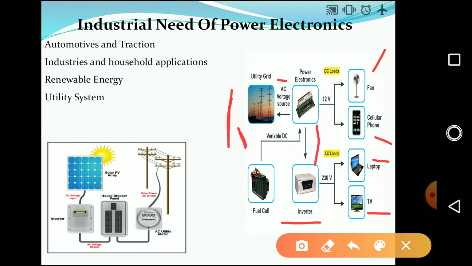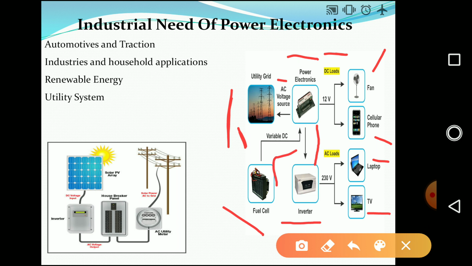And if the supply gets disconnected, we use an inverter, but the inverter stores electricity in the form of DC in a fuel cell. Here the supply from the utility grid is connected to the power electronic circuit, which converts AC into DC for the DC load, and the same DC is stored in the fuel cell.